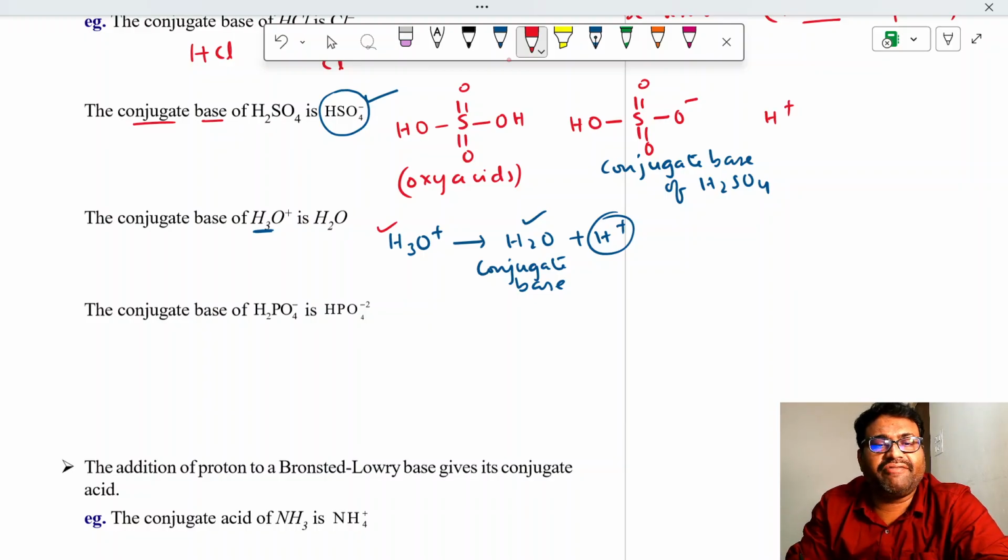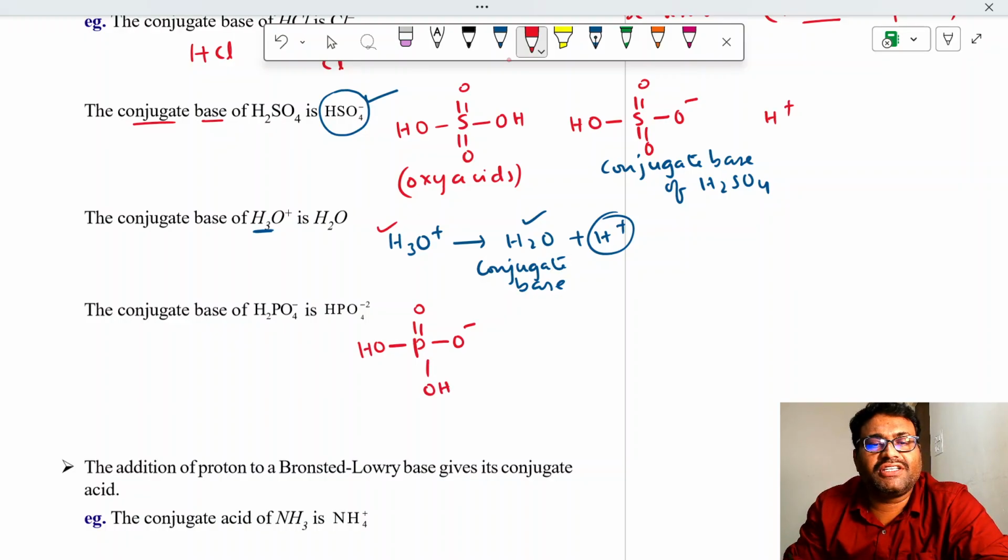Understood? In the same way, H2PO4 minus: P double bond O, O minus, OH, OH.